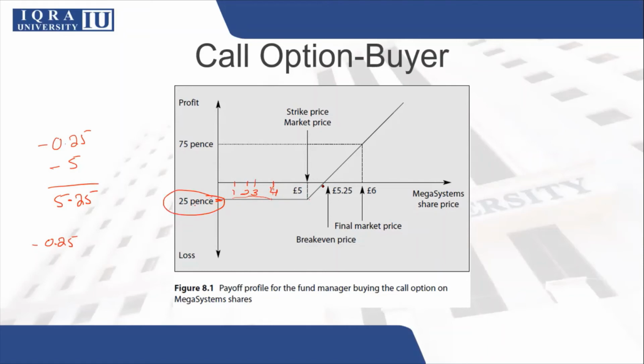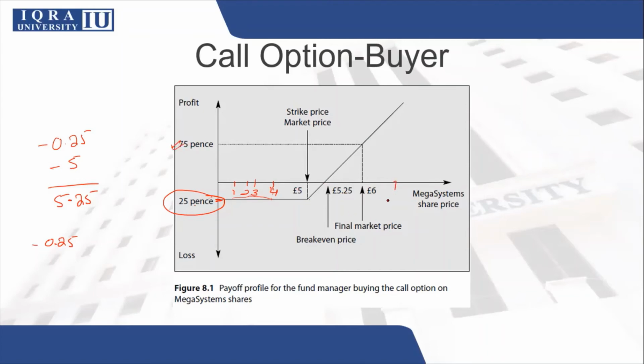But as the price increases, as you reach 5.25, after that it is profitable for you because you have covered your premium cost as well and you're going to make extra profit. So for example, when the price is 6 and your total expense is 5.25, you're going to exercise it, you're going to get a profit of 75 pence.